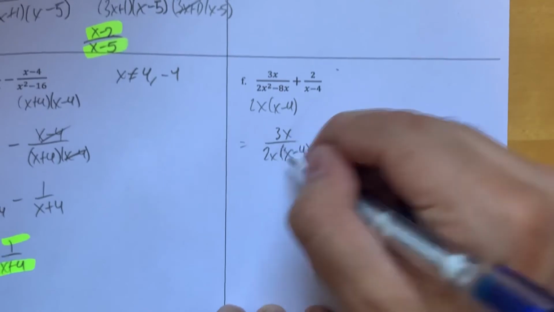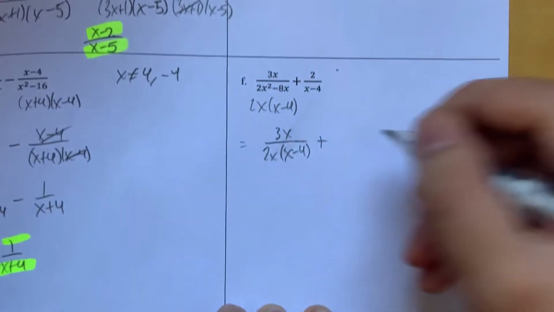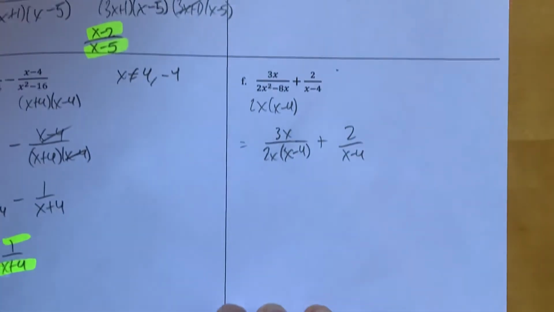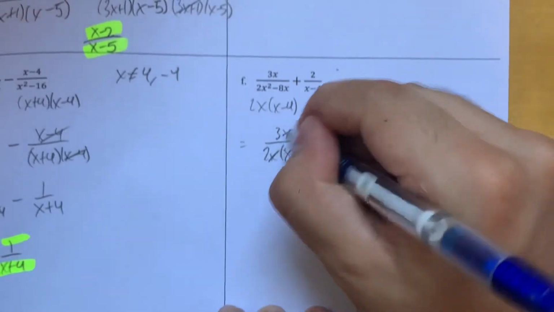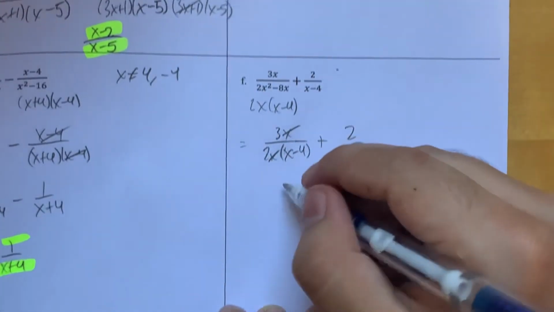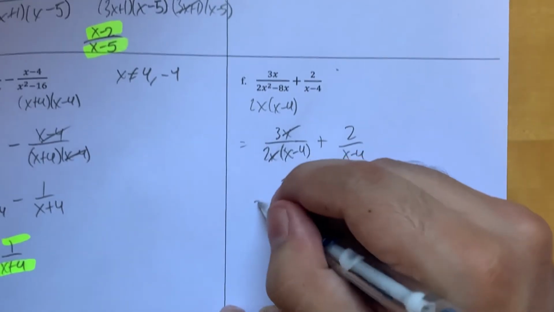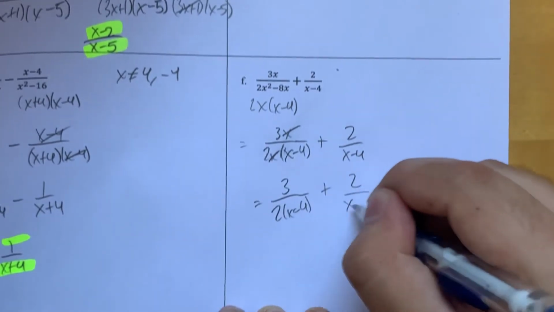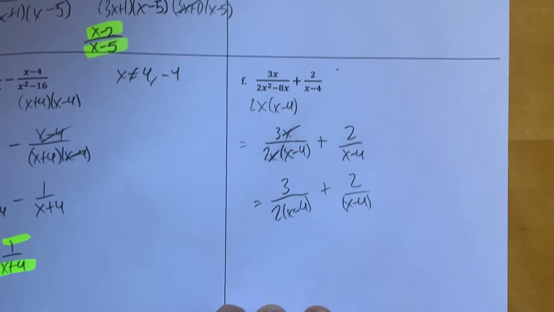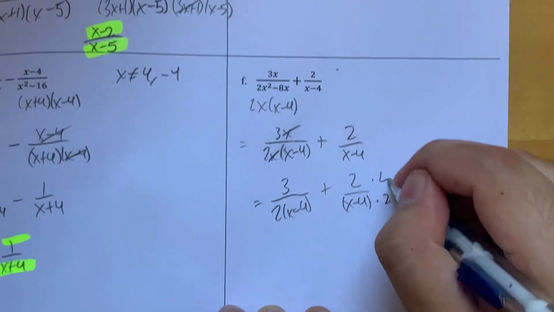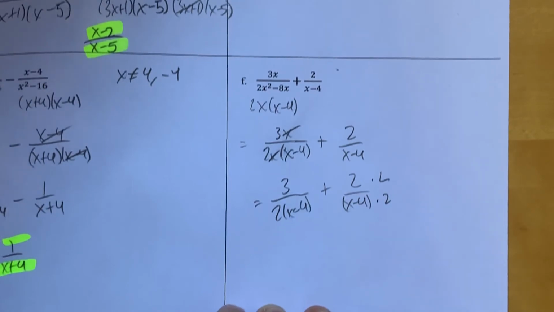Plus 2 over x minus 4, right? So the x's cancel, and I'm left with 3 over 2 times x minus 4 plus 2 over x minus 4. And all I need to do is multiply the right fraction by 2. Right?